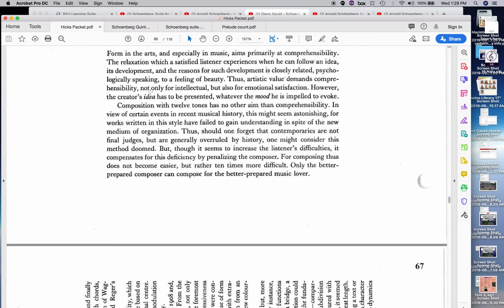And the creator's idea. So this idea of an idea is a big deal for Schoenberg. Now, of course, if we were to look at a composer like Debussy, I don't know that ideas are the main event. But for Schoenberg, music is expressive. It's a kind of discourse.